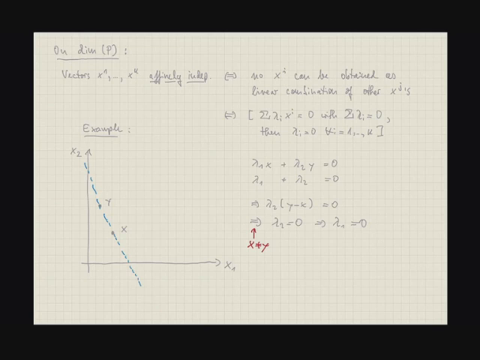So the line that goes through these 2 points. So in summary, two vectors x and y are affinely independent if and only if they are not equal, and they actually span this one-dimensional, even though I didn't yet define what one-dimensional really means, subspace.